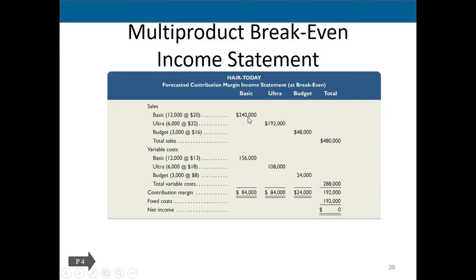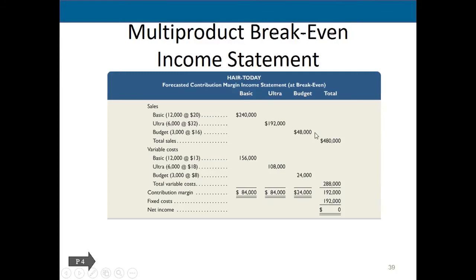Here's my basic. 240 minus 156,000 for variable cost. When we multiply it back out, it's 84,000 contribution. I get the same thing for ultra. 192 minus 108 is 84. There's my budget, 48 minus the 24. Using exactly what we figured out, it's 24,000.